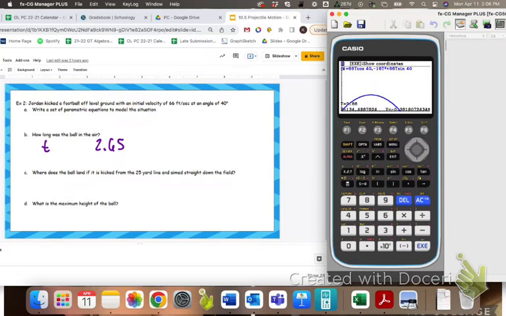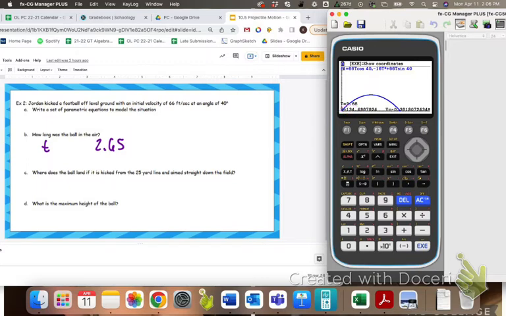All right, now we want to know where does the ball land if it was kicked from the 25-yard line and aimed straight down the field? Well, we just found how far this is going to travel horizontally. It's in the air for 2.65 seconds, and it travels approximately 134 feet or so.